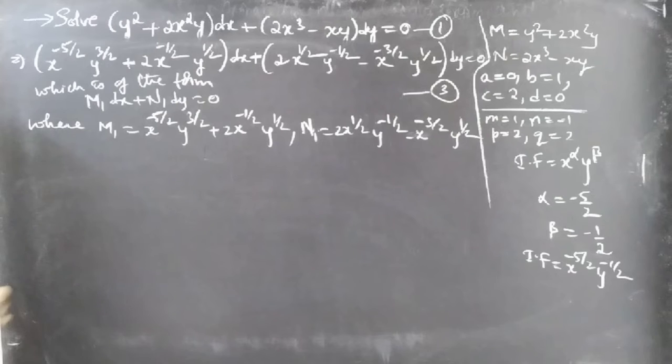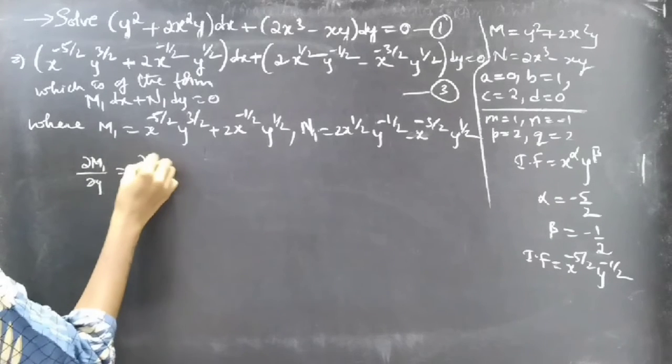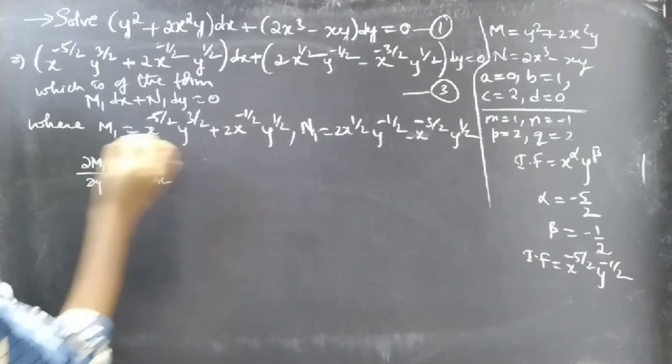Now we can say that equation 3 is exact if partial derivative of M1 with respect to y equals partial derivative of N1 with respect to x.